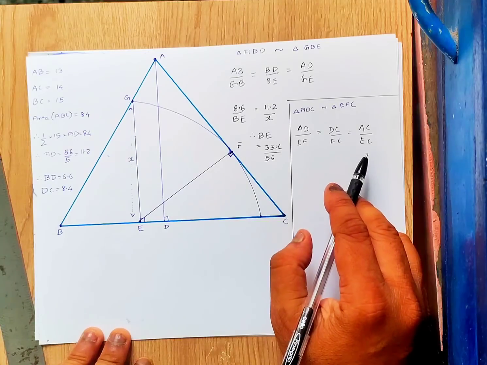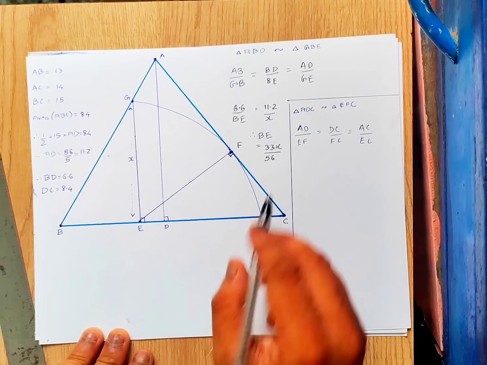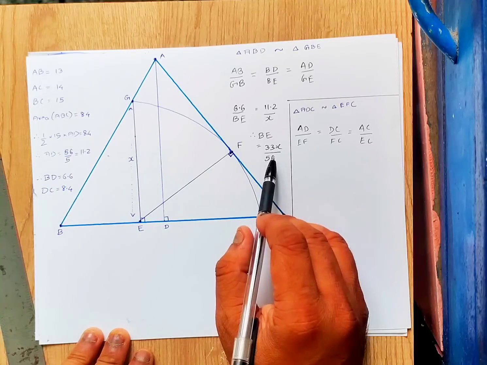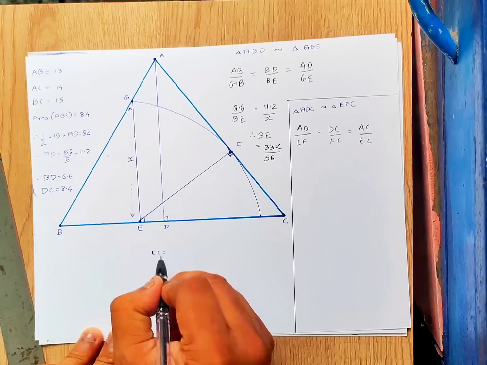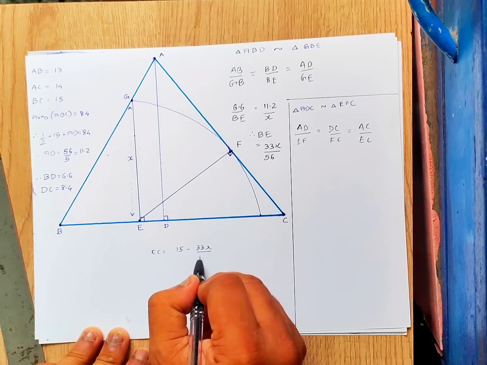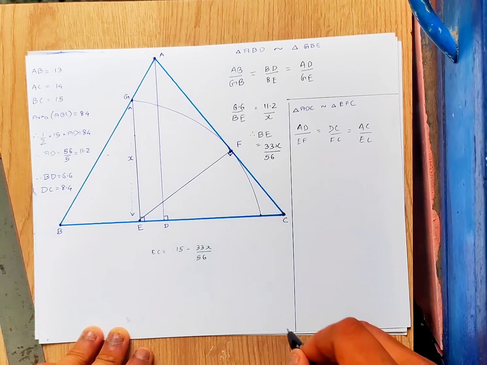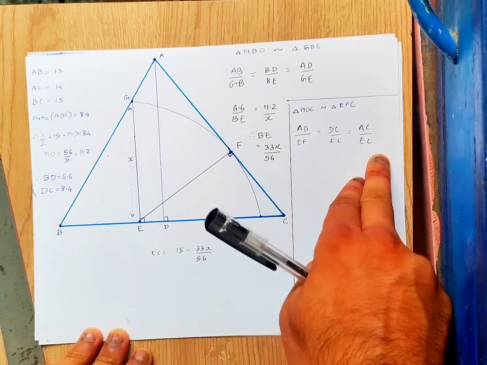Now, one point to be noted over here is EC can also be calculated in terms of X. Why? Because BE was known to be 33x by 56. So EC would be 15 minus 33x by 56. Okay, so I got the value of EC in terms of X.